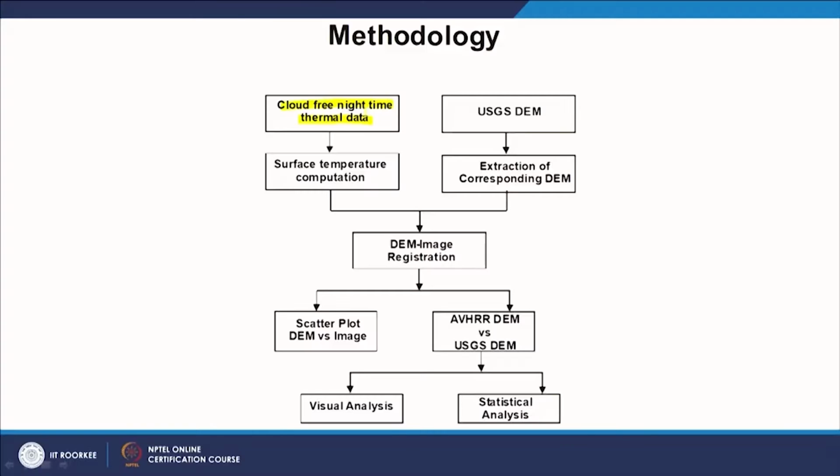So, from 1000 meter you can come to 60 meter, and still exploit this inverse relationship between altitude and temperature, and generate a digital elevation model at 60 meter resolution as well.